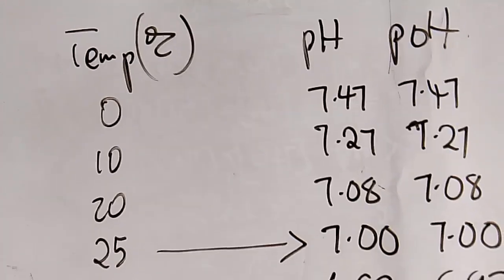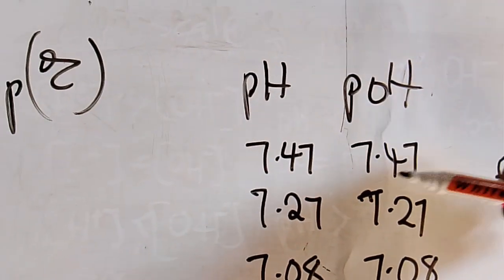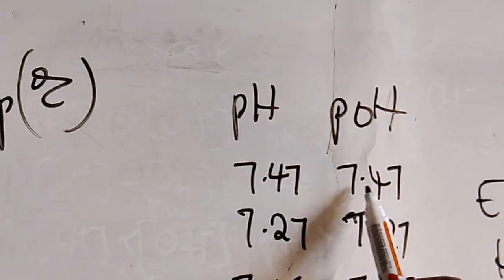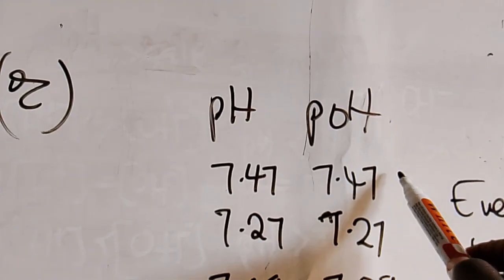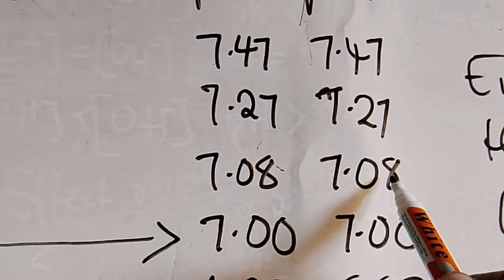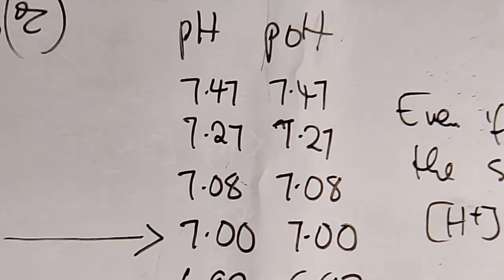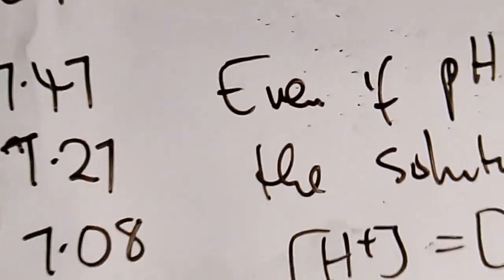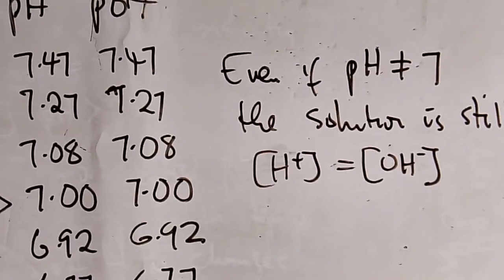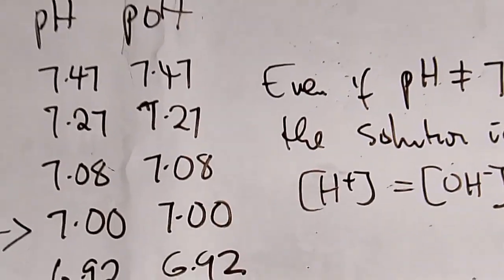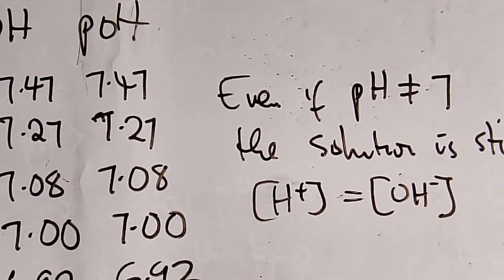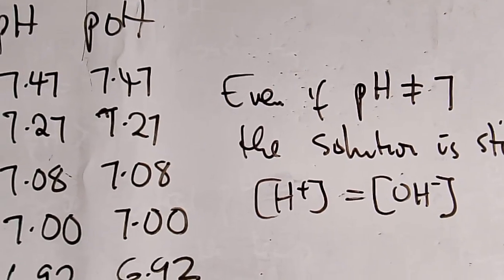So when we look at these other solutions here, you can see at 0 the pH is 7.47. This is a neutral solution. At 20, 7.08. They are equal. It's neutral. Okay, so as long as the concentration of hydrogen ion is equal to the concentration of hydroxide ion, that defines neutrality.